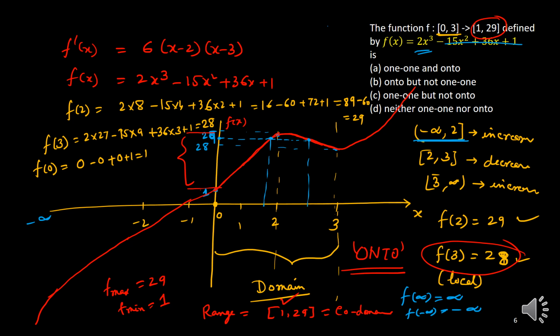So it is many to 1, not 1 1. So two things I have got: the function is onto but not 1 1. So option B is correct.